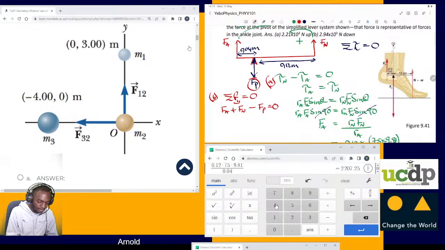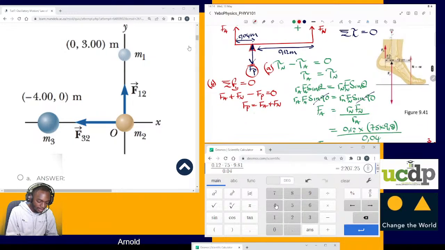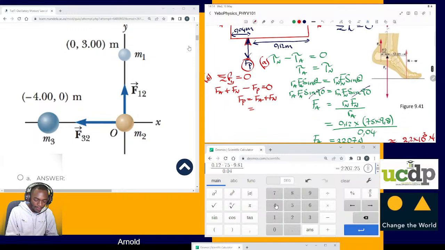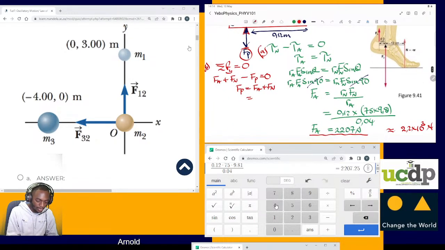Therefore, Fp is equal to Fa plus Fn. And our Fa, we obtained it as 2207 plus Fn, which is 75 times 9.81.